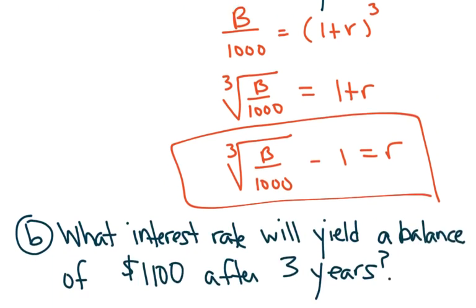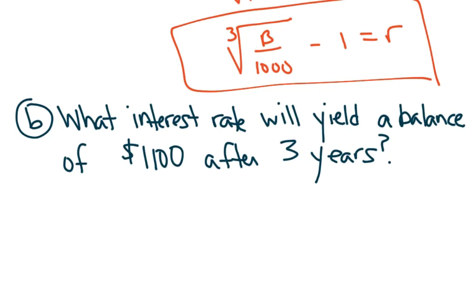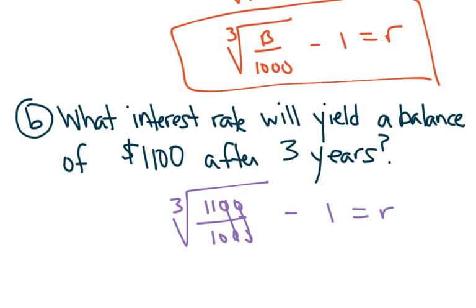So now that I have this equation, what interest rate will yield a balance of $1,100 after 3 years? So I'm going to plug in 1,100 for B. And then I'm going to simplify this. I get, let's see, whatever the cube root of 11 over 10 is. And I'm going to subtract 1.